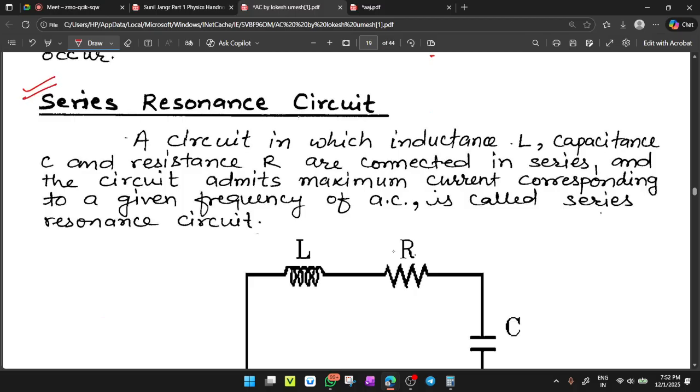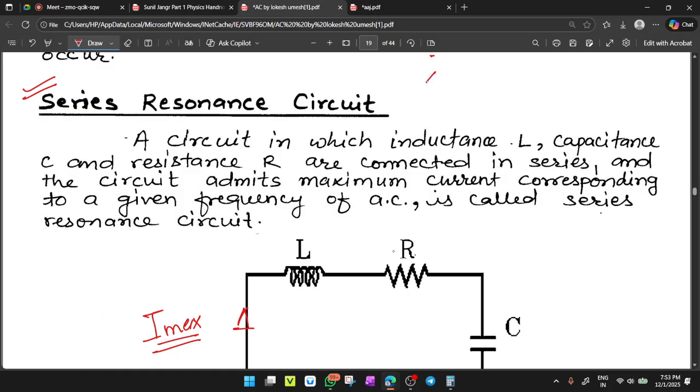So here we are interested in the series resonance condition. First you have to make the series resonance circuit. A circuit in which inductance L, capacitance C and R are connected in series, and the circuit admits maximum current, means the circuit has the capability to carry current at maximum value.